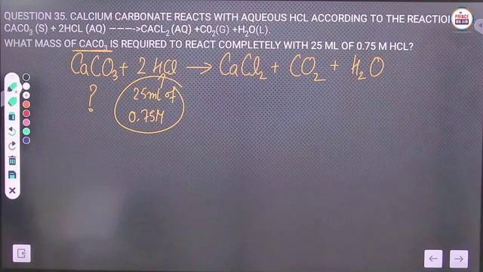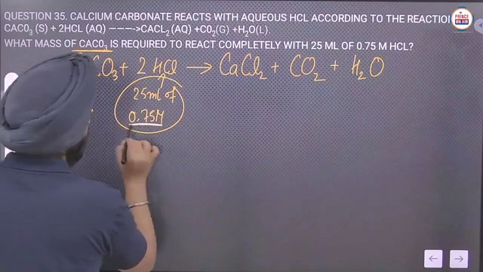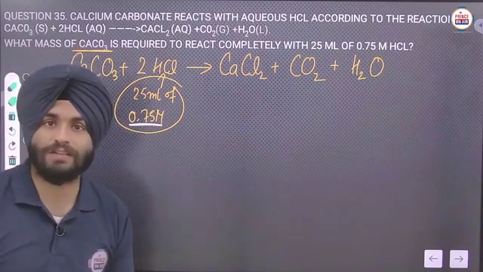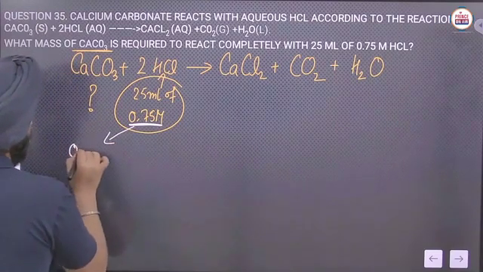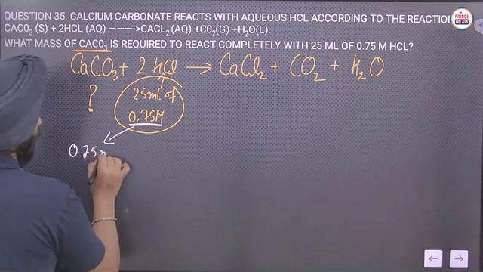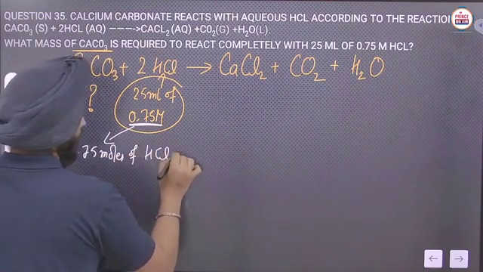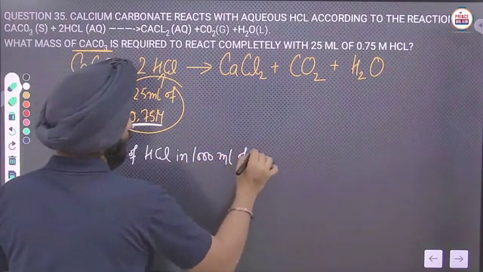Now we know that from the value 0.75 molar, what is the meaning of this? It means 0.75 moles of HCl in 1000 ml of solution.